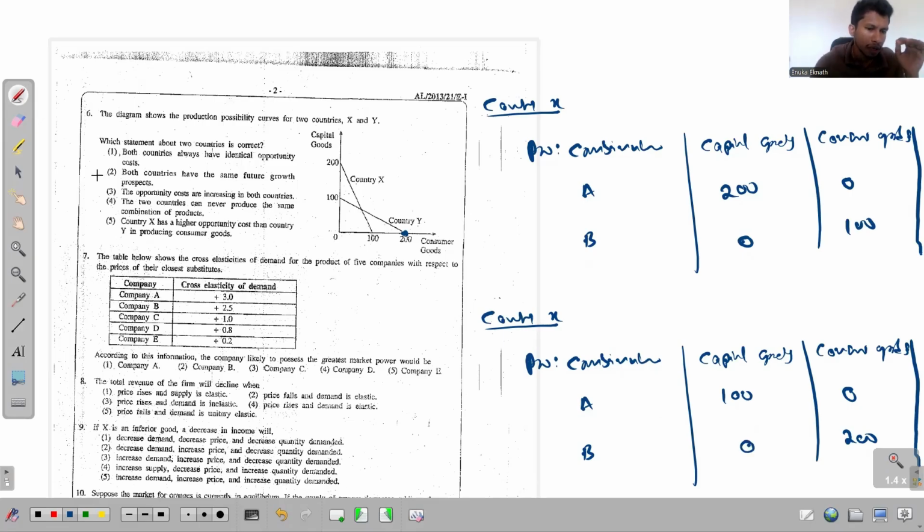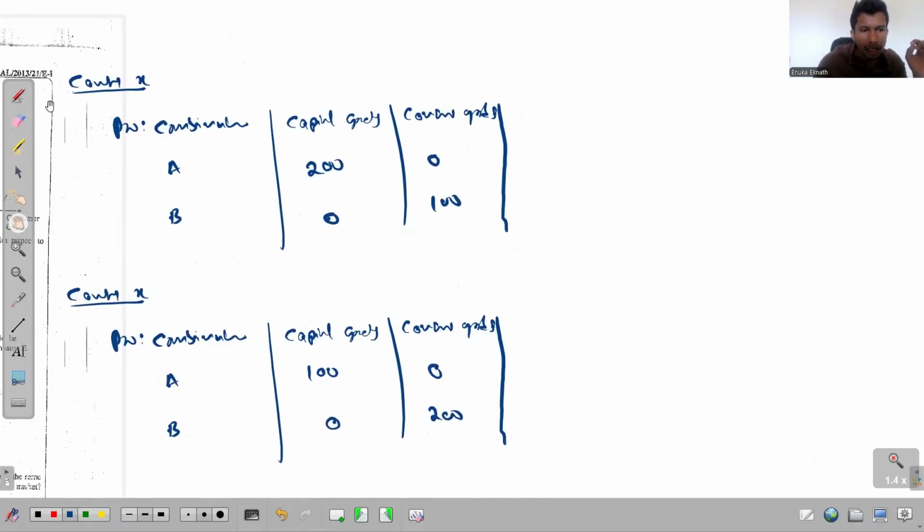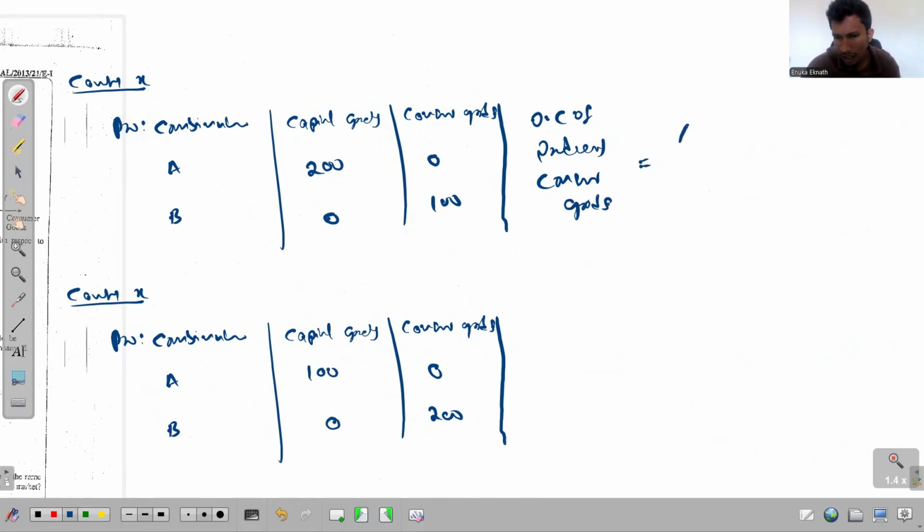Since these options talk about the opportunity cost of producing these goods in each country, let me just calculate the opportunity cost as well. So let me write the opportunity cost of producing consumer goods. So how do we make that calculation? We take delta capital goods divided by delta consumer goods.